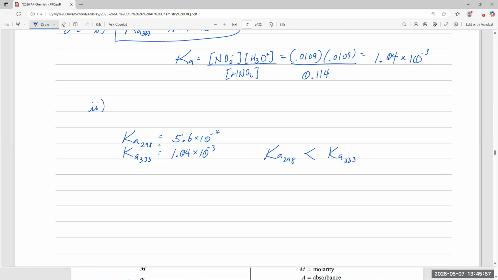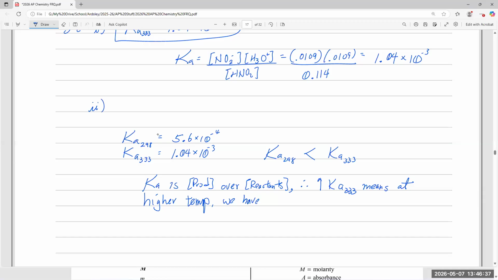Ka is the concentration of products over the concentration of reactants. Therefore, a higher Ka at 333 means at higher temperature we have more products.